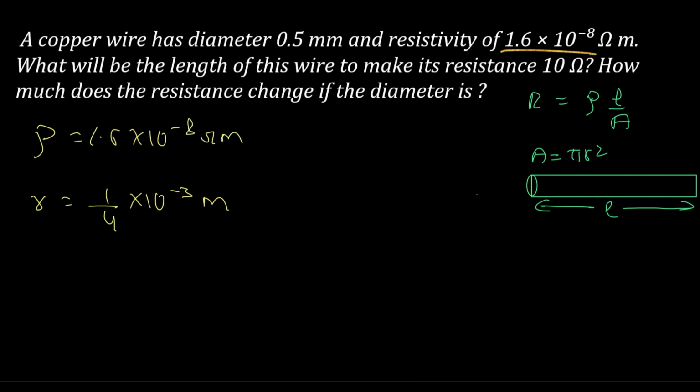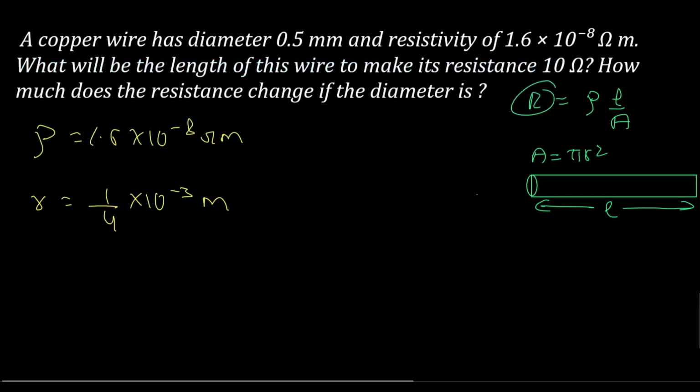Now, as I read the question further, it says, what will be the length of the wire? So we have to find out the length of this wire. Any other information we have? No, we have to find the length. Yeah, the resistance is given 26 ohm, right? Oh, sorry, 10 ohm. Not 26 ohm. The resistance is given 10 ohm.